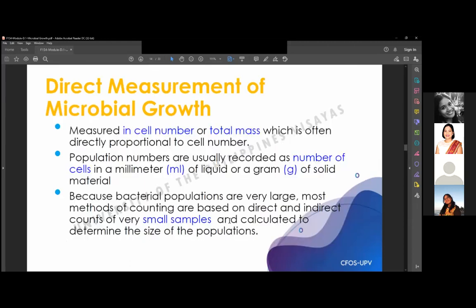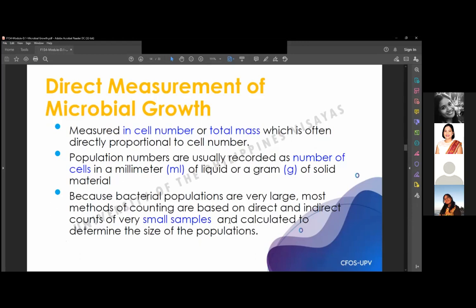Next, please. Okay, so we'll now go to the measurement of microbial growth. Microbial growth is measured in cell number or mass, which is often directly proportional to cell number. So we have different methods of measuring microbial growth.